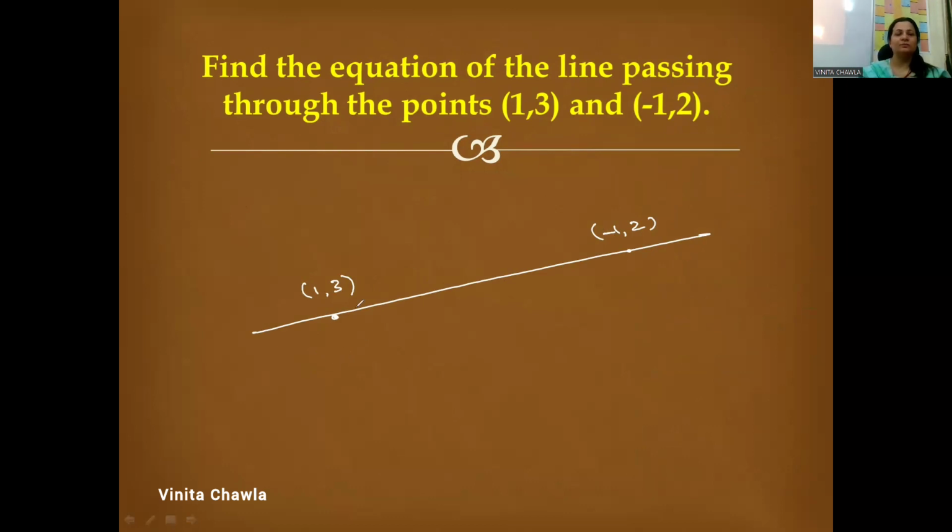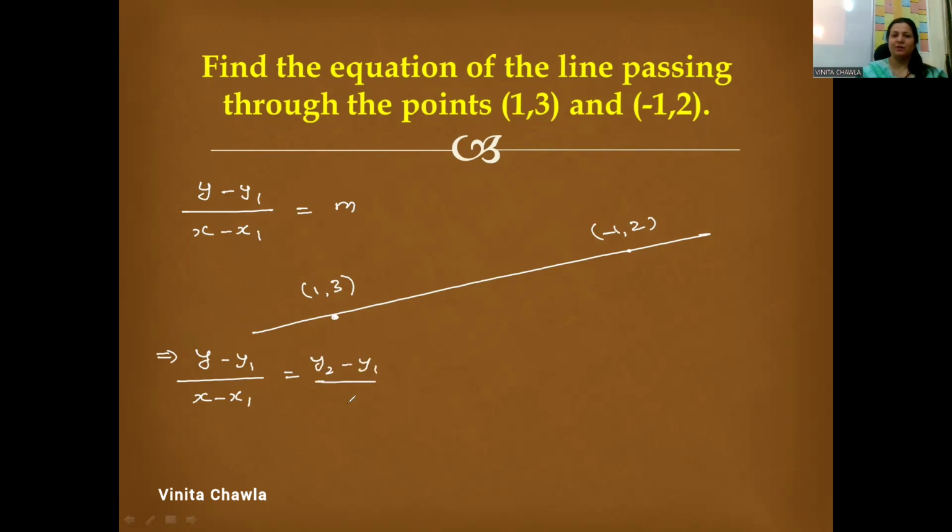Point slope form: y minus y1 upon x minus x1 is equal to m. We can also write this as y minus y1 upon x minus x1 is equal to, this slope can be written as y2 minus y1 upon x2 minus x1.